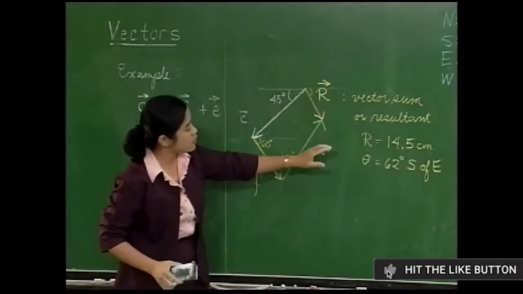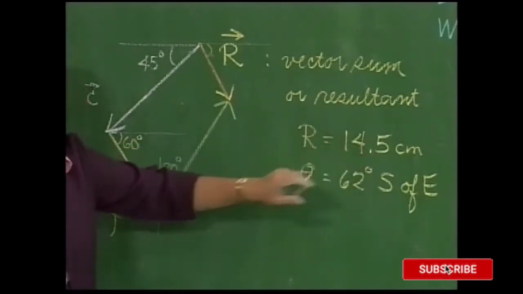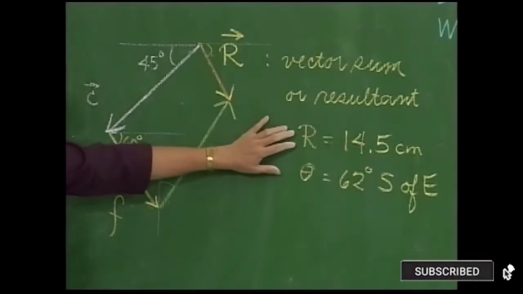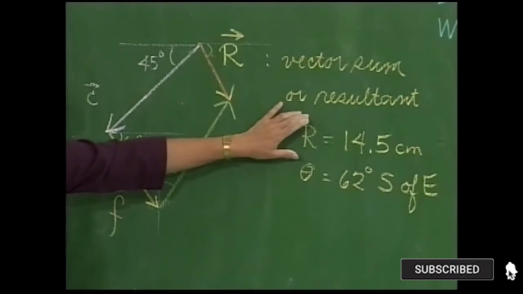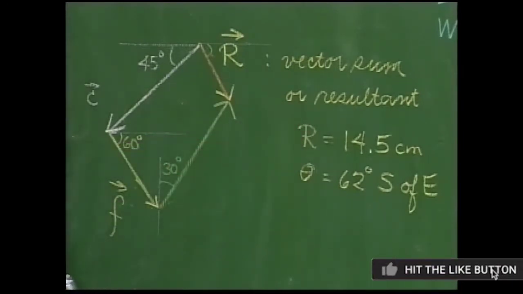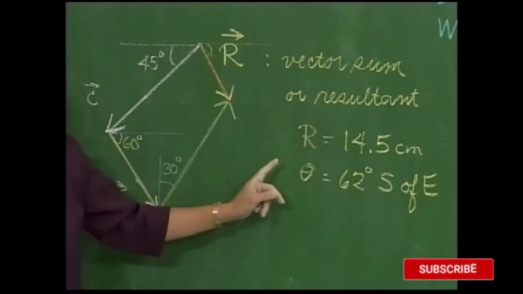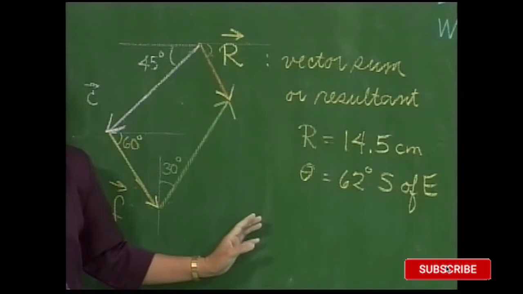By the way, you notice that when I talk about the magnitude of the vector, I simply write the letter R without the arrow. That is the convention that we use. Whenever you have a letter without the arrow, that is simply the magnitude of the vector.